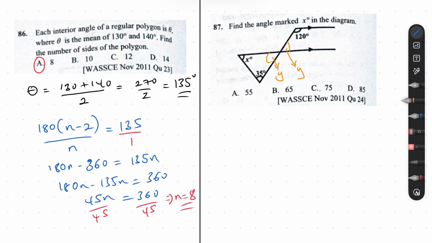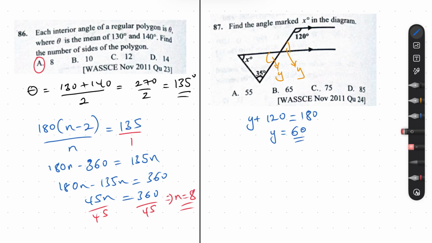Now we know that this and this are co-interior angles, and co-interior angles add up to 180. That means y plus 120 should give us 180, so y equals 60.